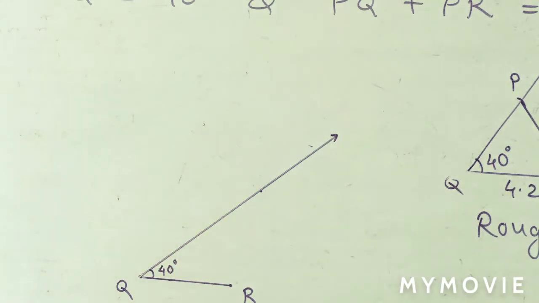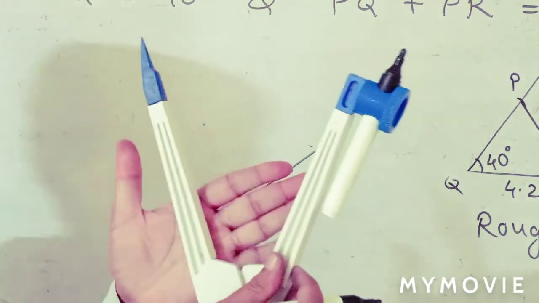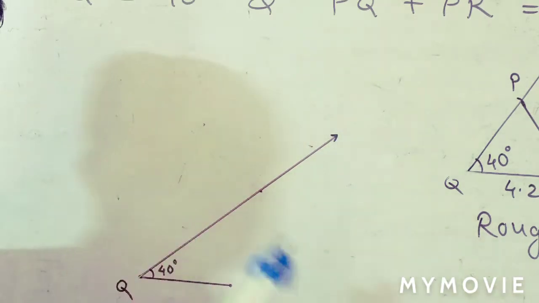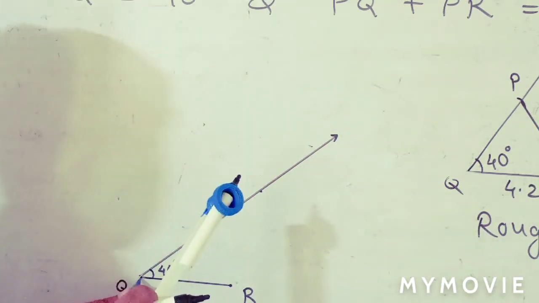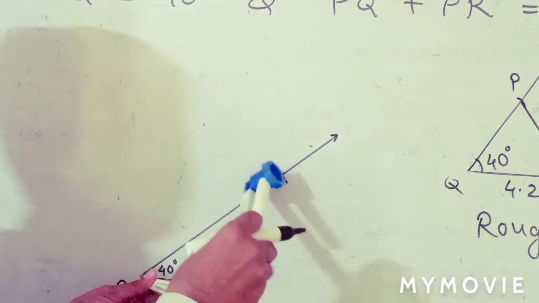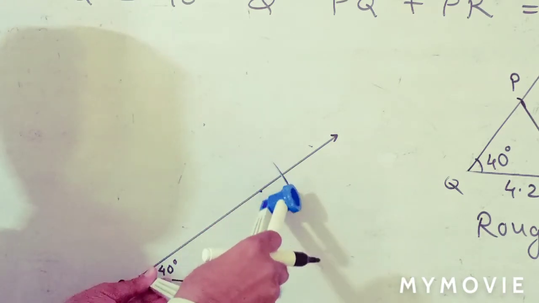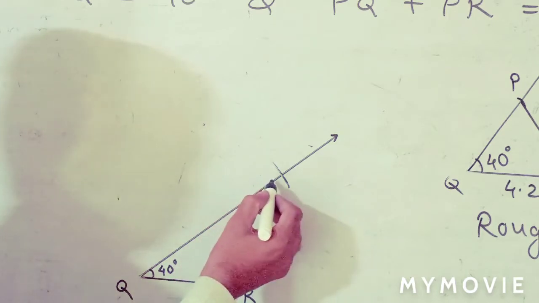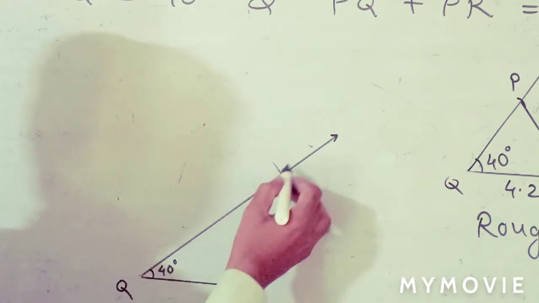After that, the sum of two sides is given. The sum of two sides is 8.5. By taking a distance of 8.5 centimeters in the compass, put it on Q and draw an arc on this ray. This arc is drawn at 8.5 centimeters.